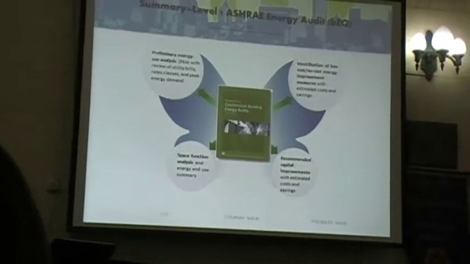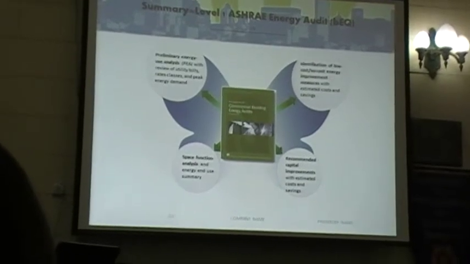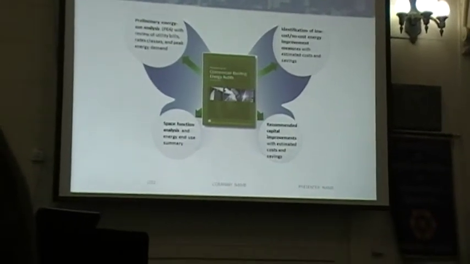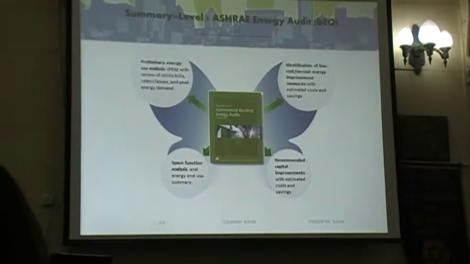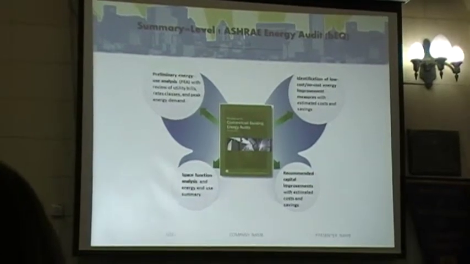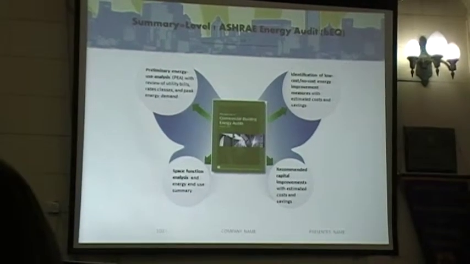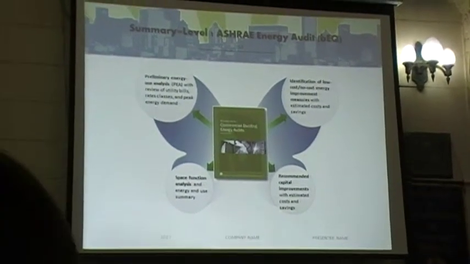You identify the low cost, no cost, very easy energy conservation measures to do, and you suggest those to the owner, but you also recommend more complicated capital expenditures that the customer will do at another time or will ask you to provide more detail.